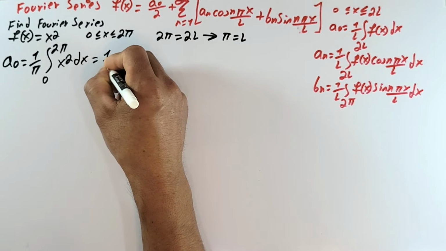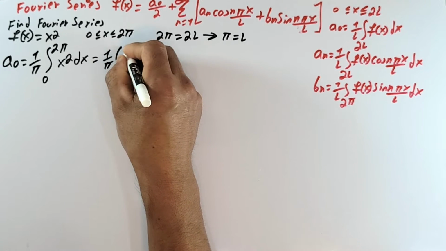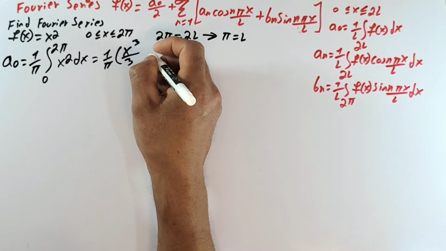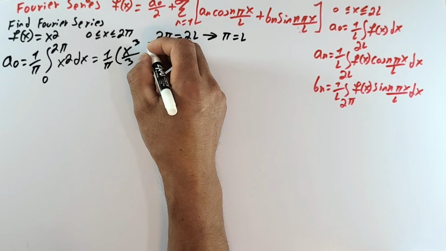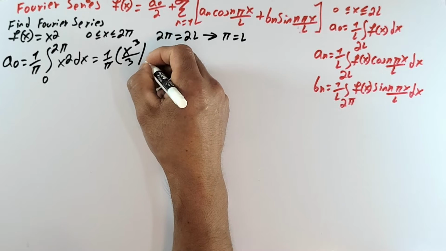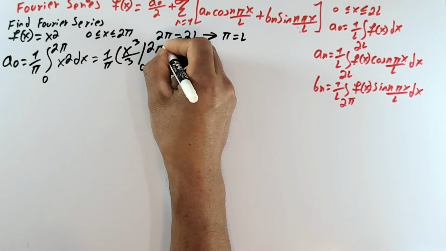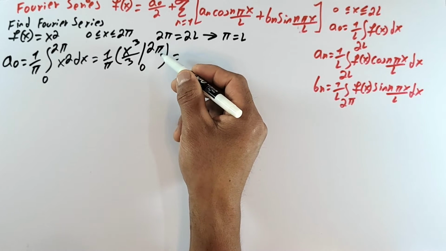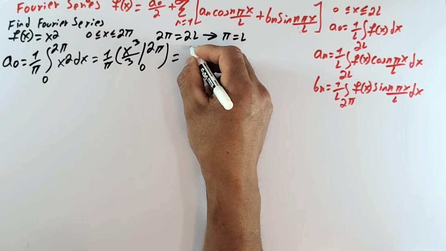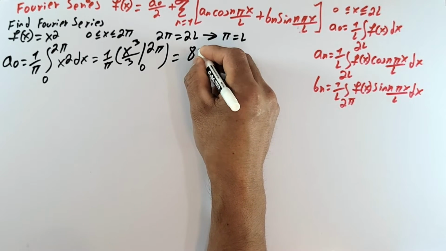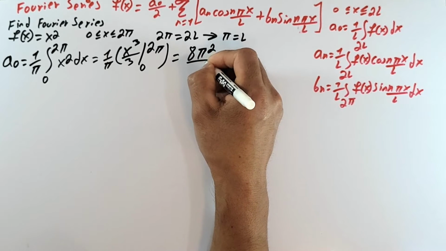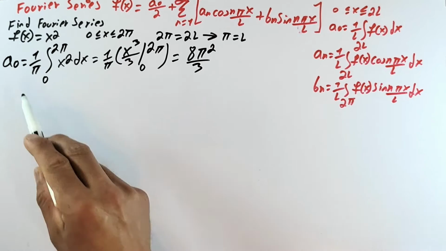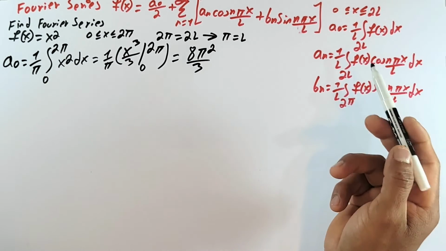We have 1 over pi x to the third over 3, and all this we evaluate from 0 to 2 pi, and once we evaluate this we get 8 pi squared over 3. So that's a0.